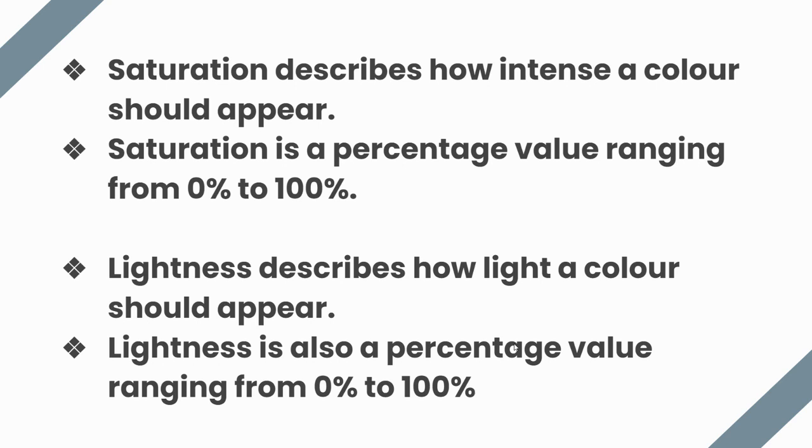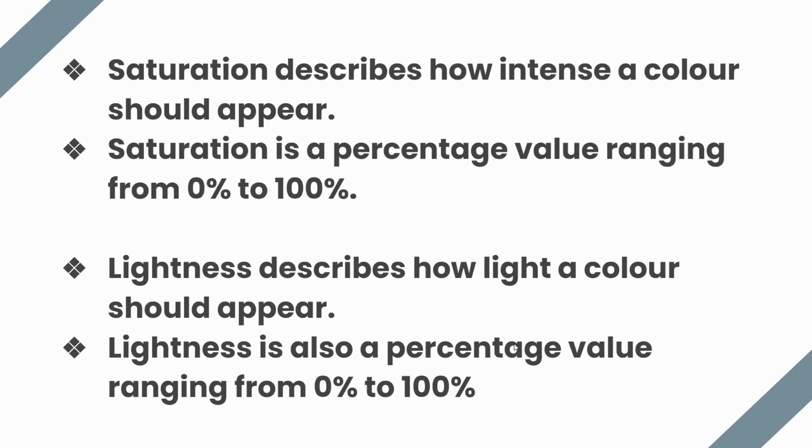So next we have the lightness, which is the last parameter under the HSL color type. The lightness describes how light a color should appear, whether it's going to be very bright or not.